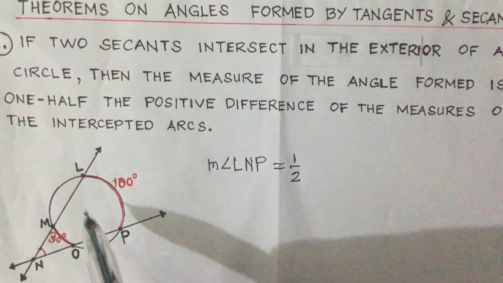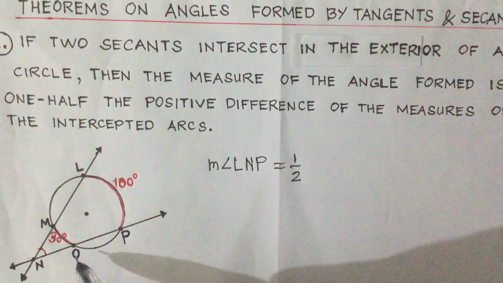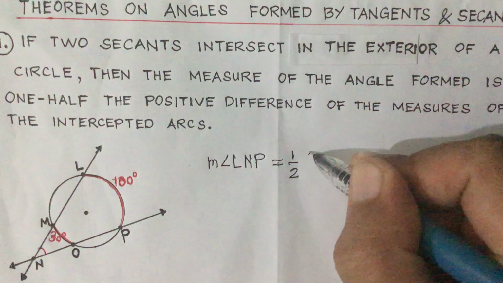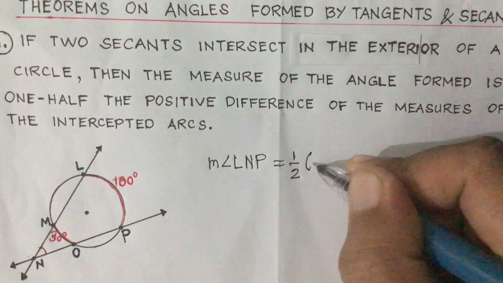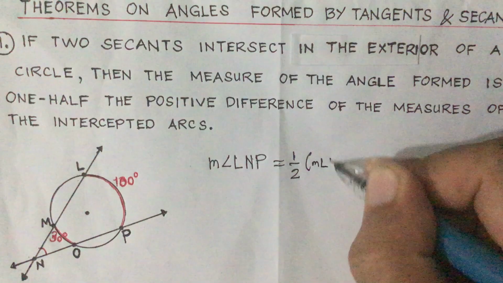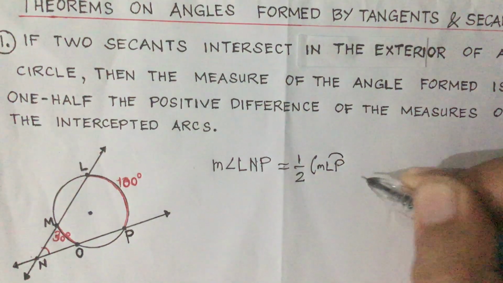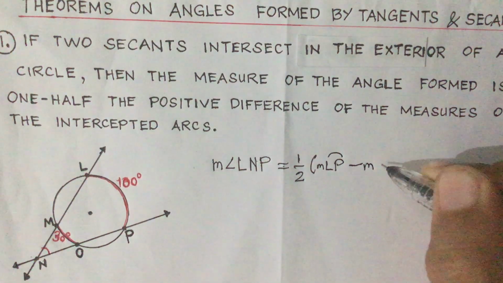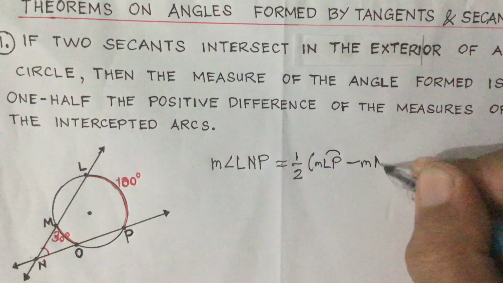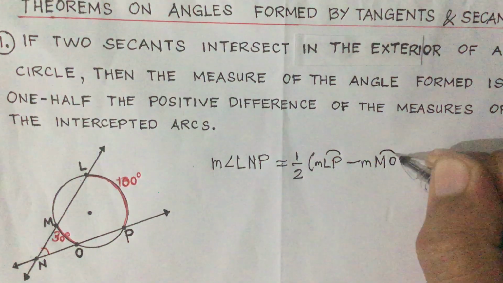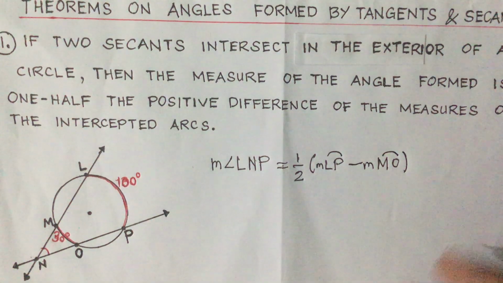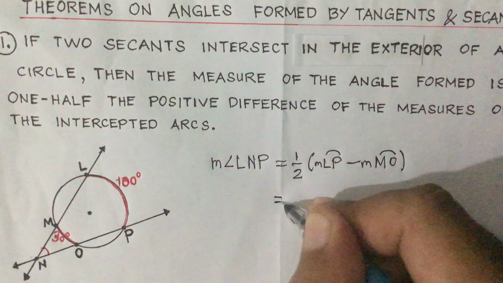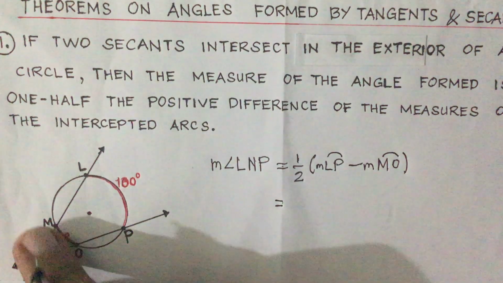So, mao ni siya 1/2 the bigger arc minus the smaller arc. So, that is the measure of arc LP minus the measure of arc MO. So, therefore, we have the given measurement. Bigger arc minus the smaller arc.